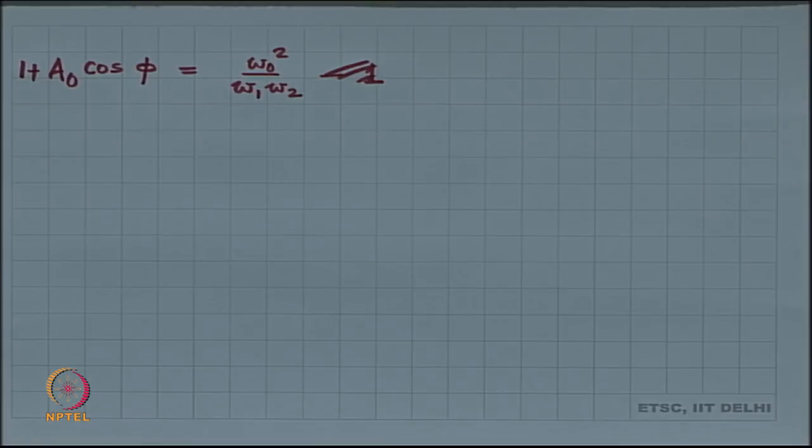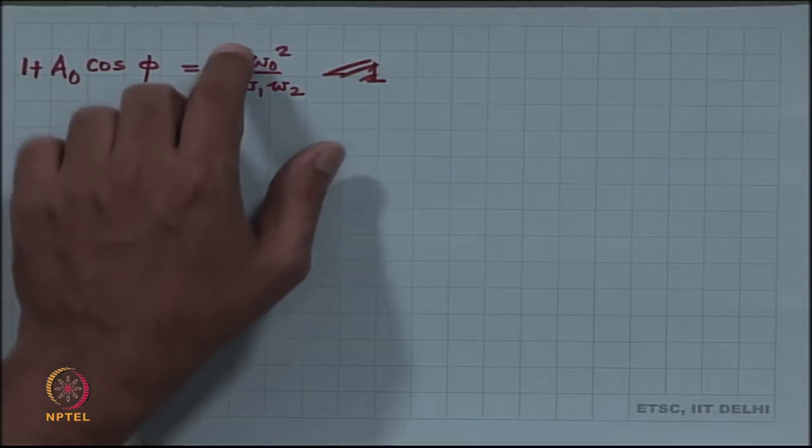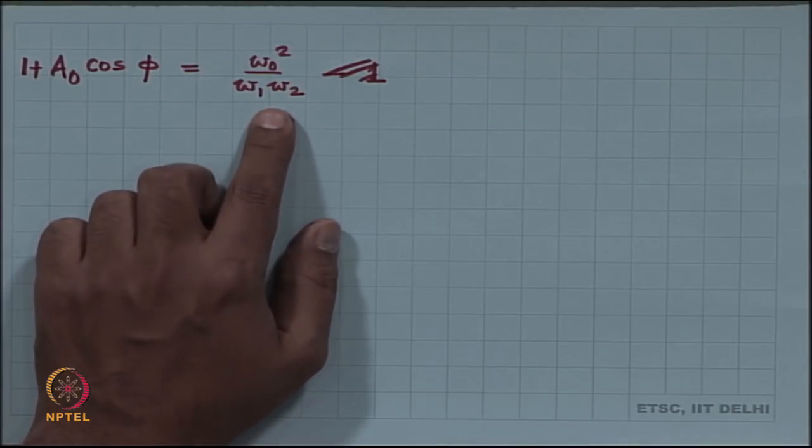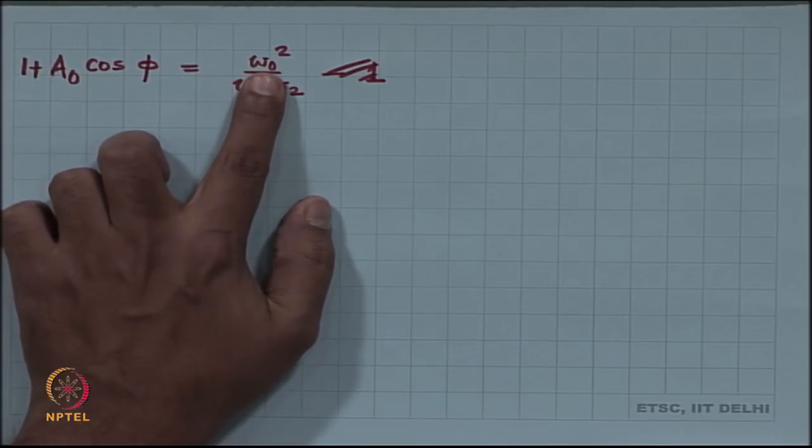The product of omega 1 omega 2 has to be such that omega naught squared by omega 1 omega 2 has to be equal to 1 plus A naught cos phi, where omega naught is the unity gain bandwidth.